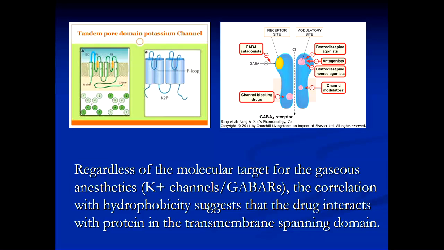So the really strong correlation between lipid solubility and potency as an anesthetic likely directly is related to the ability of these drugs to get into this lipid layer of the phospholipid bilayer and reach their site of action and activate these inhibitory receptors and inhibitory ion channels.